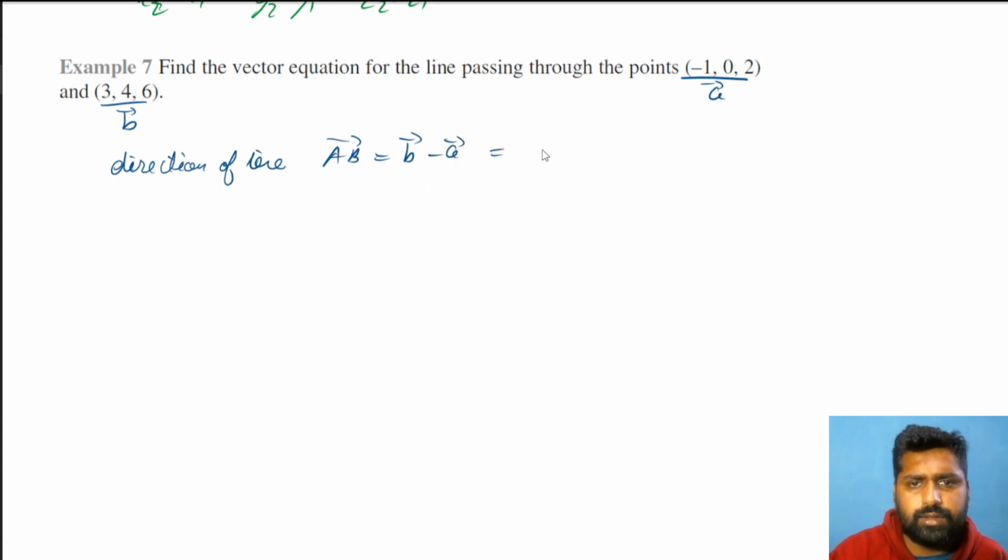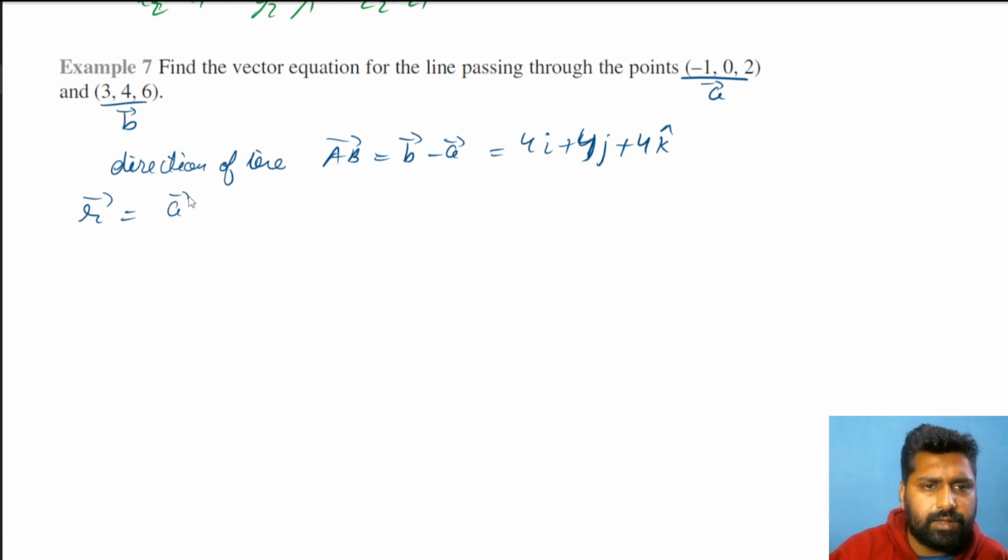So let's subtract: 3 minus minus 1, 4i; 4 minus 0, 4j; 6 minus 2, 4k. Okay. You have a passing point, no? So how can you write this? Now R vector is equal to A vector plus lambda times direction.